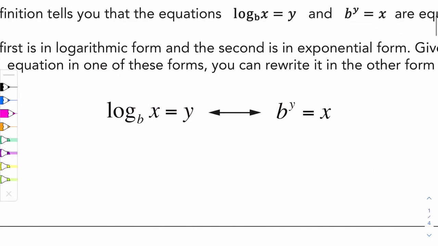Knowing that logs are inverses of exponentials, you need to be able to convert between the two forms. Right here you see log form, and right here you see exponential form.